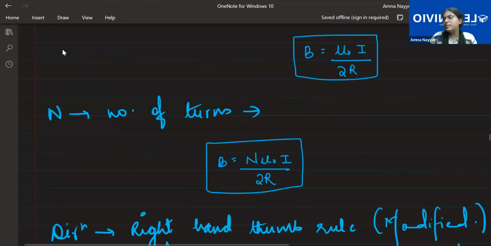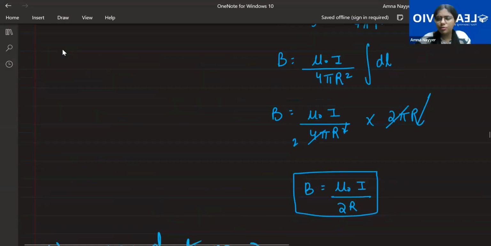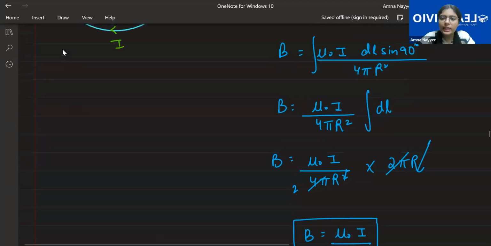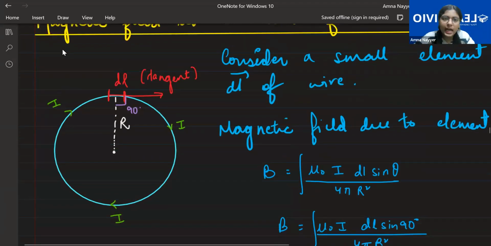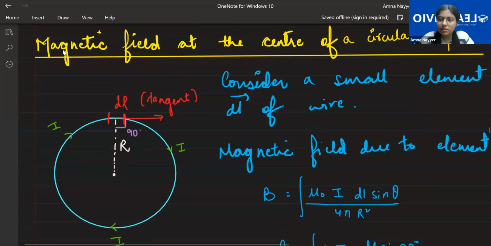Like a solenoid, but a solenoid is actually a constructed device, a standard device that is made. But for a circle, you can just turn a wire and make a circle. So do one thing, Riddhi, write down this derivation and then I'll explain the right hand rule for this.